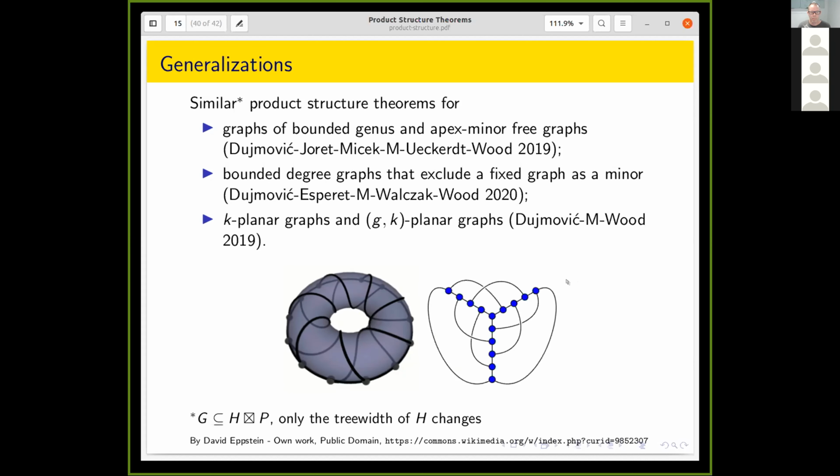And k-planar graphs. So these are graphs that can be drawn in the plane where each edge only has at most k crossings for constant k. And in fact, even if you can draw them on a surface of small genus, it's true. The only thing that changes in these theorems is that the tree width of H gets bigger depending on exactly what you're looking at. So it's not always 8.